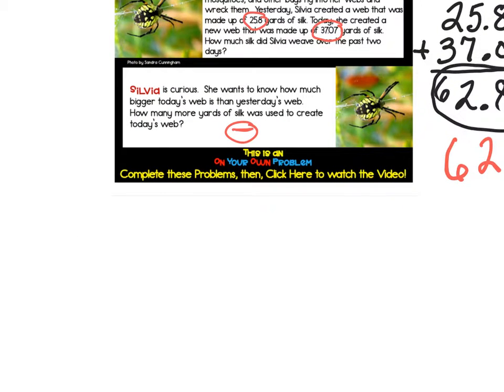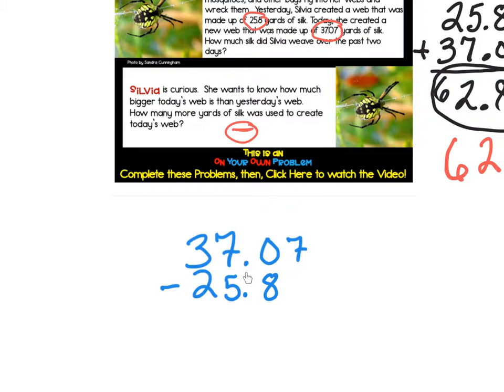I'm going to write 37.07, and then I'm going to subtract the 25.8. And it's really important you remember that you've got to line up these decimals so they're like the buttons of a shirt, my friend.